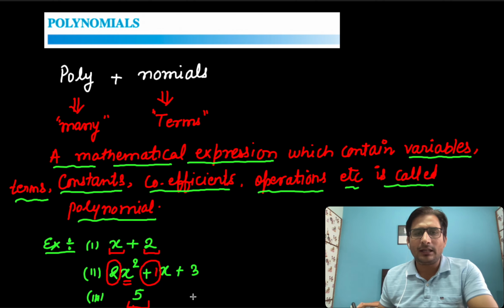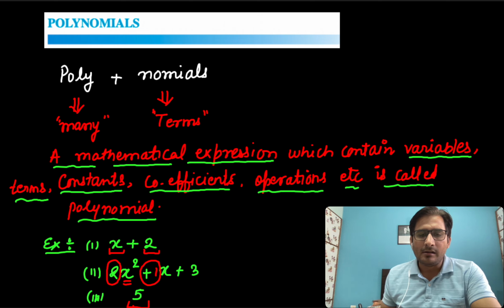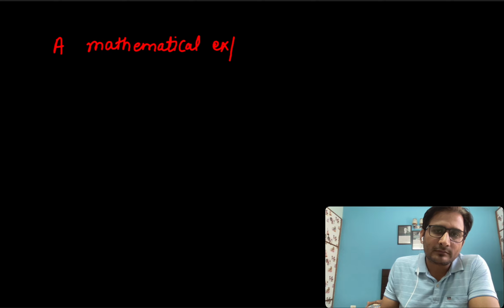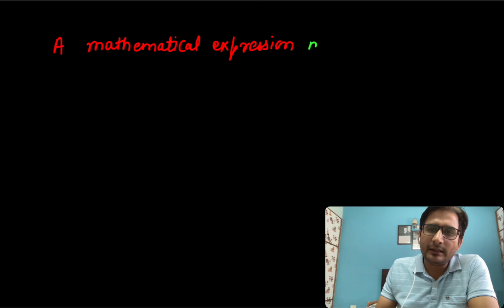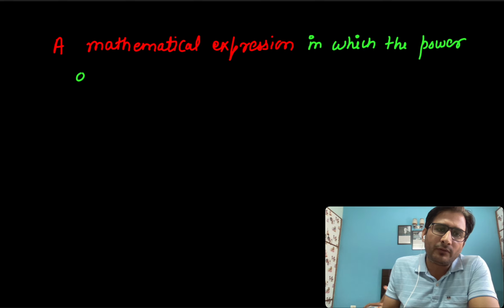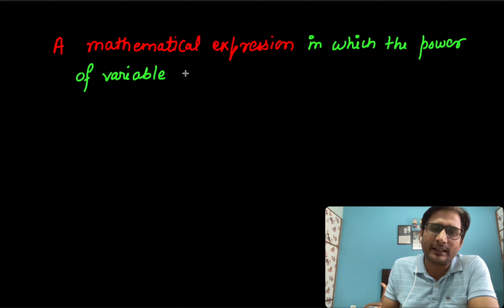Now let me give you another definition of the polynomial. A polynomial is called a mathematical expression in which the power of variable, very important thing, is a whole number.